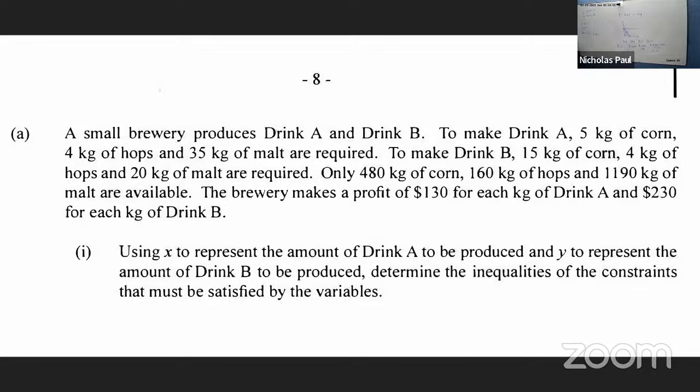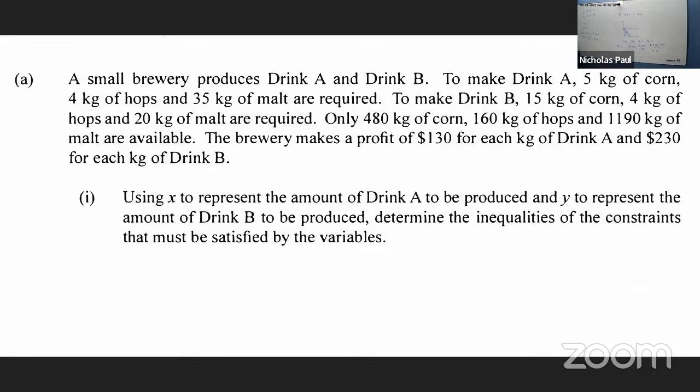Right? So now in terms of hops, you only have 160 kilograms of hops. So it's 4 by x, and then you need 4 by y. Remember, you can divide them out after to make them look a little easier, right? And then malt is 1190.